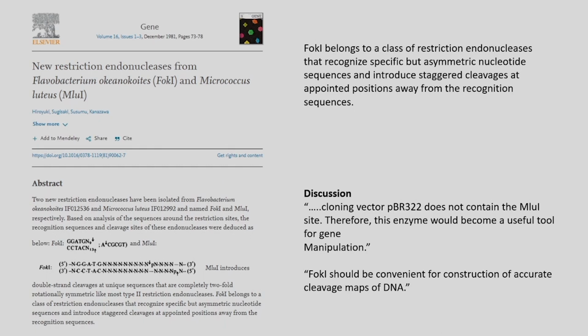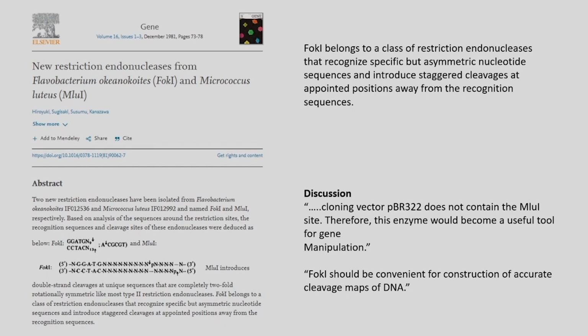in this particular field where Hiroyuki and his associate discovered a new restriction endonuclease from Flavobacterium echinocoides, FokI, and another one from Micrococcus luteus.